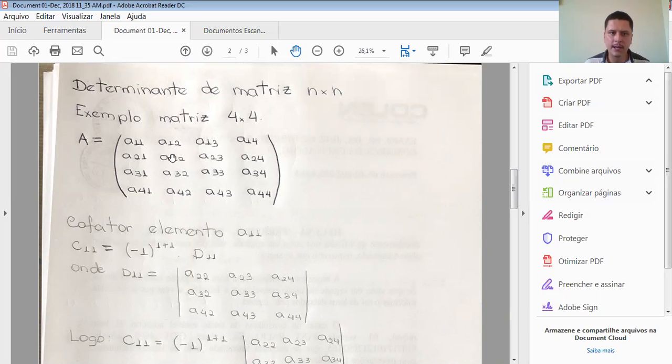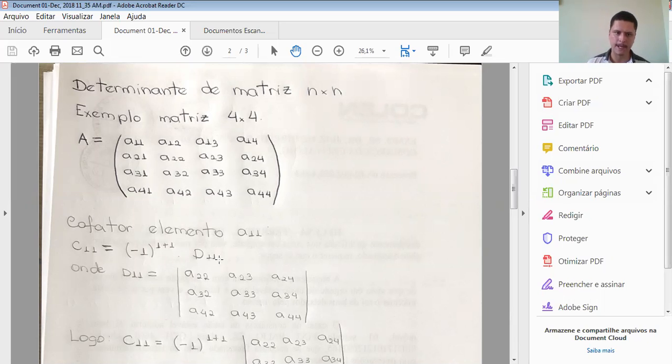If it was another element, for example, the cofactor of this element here, I was going to eliminate this line and this column. So whenever you decide to calculate the cofactor of an element of a matrix, this determinant is the one originated by the remaining matrix after you take the original matrix and eliminate the line and the column of the element for which you want to calculate the cofactor.